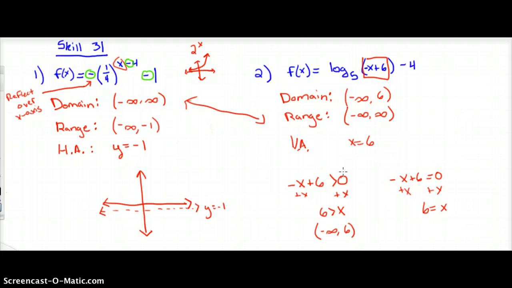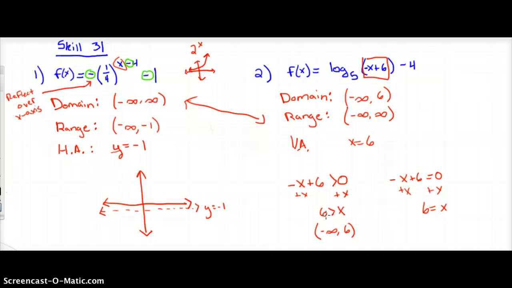A couple pointers just as we look at these examples. A couple common mistakes would be forgetting to make horizontal asymptotes y equals something and vertical asymptotes x equals something. And I think that's probably the biggest one. Aside from forgetting to correctly write an inequality in interval notation.